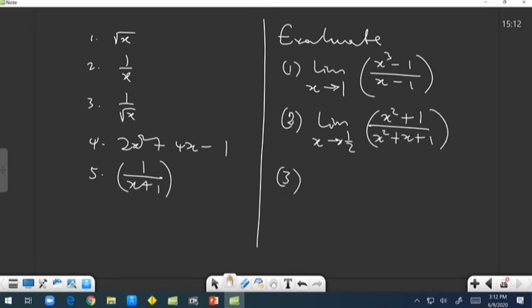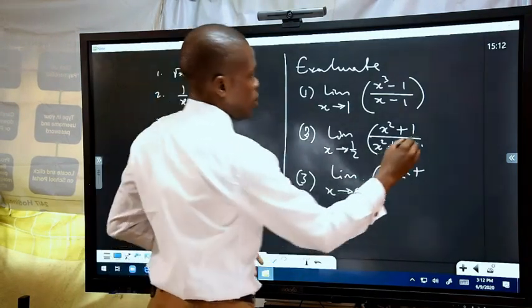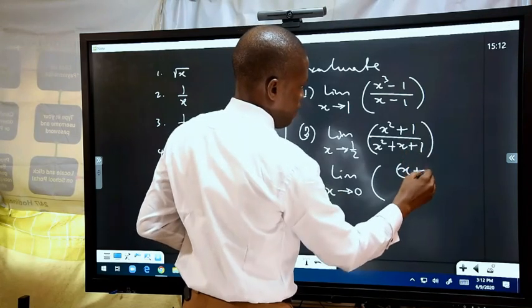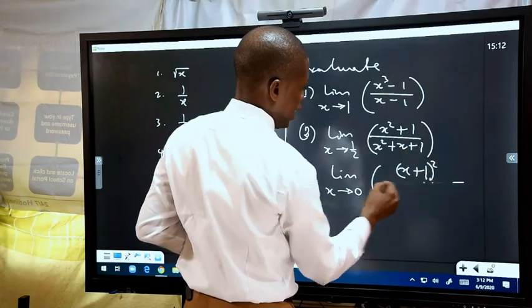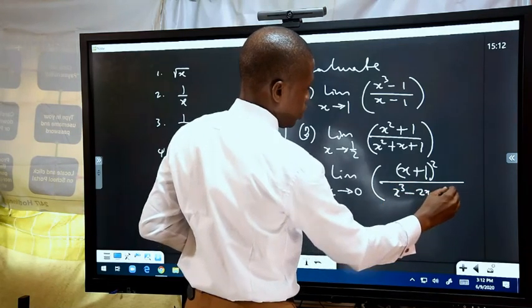And the third one is limit as x approaches 0, x plus 1 all squared, sorry for that, divided by x cubed minus 2x plus 5.